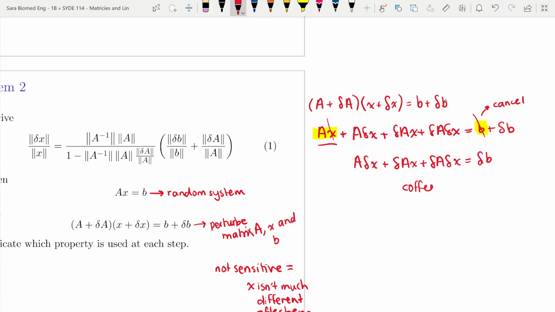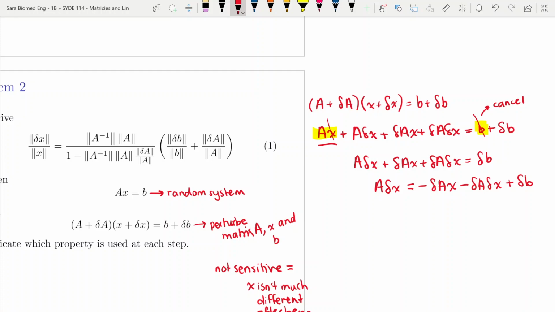Okay, so I'm just gonna try to leave this term on the left-hand side and the other terms on the right-hand side. So it's gonna be delta A x, negative actually, minus delta A delta x plus delta b. Okay, so only this term on the left-hand side, the other terms on the right-hand side.